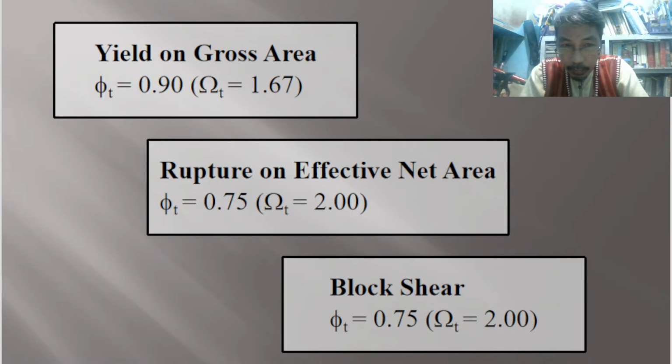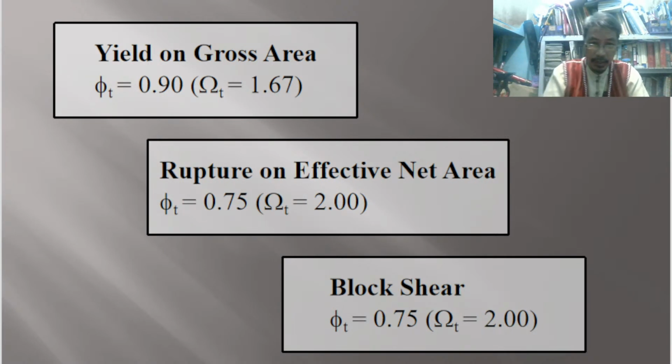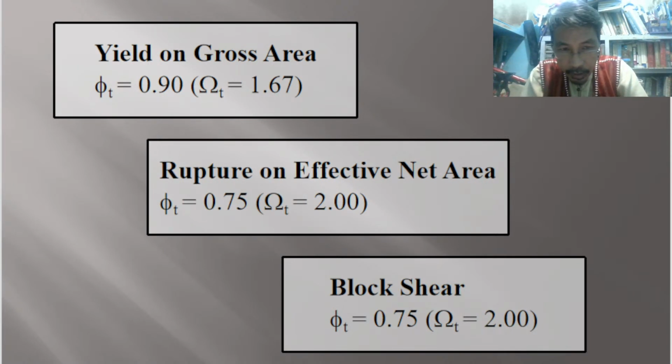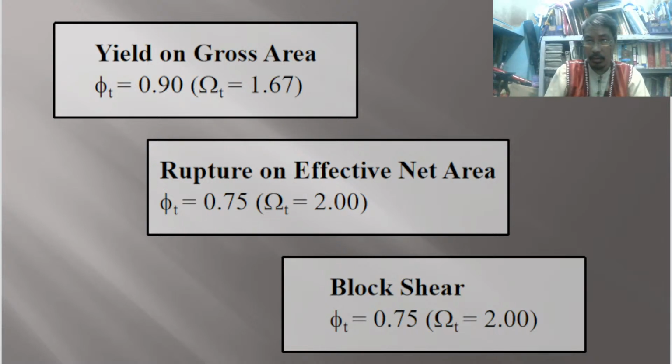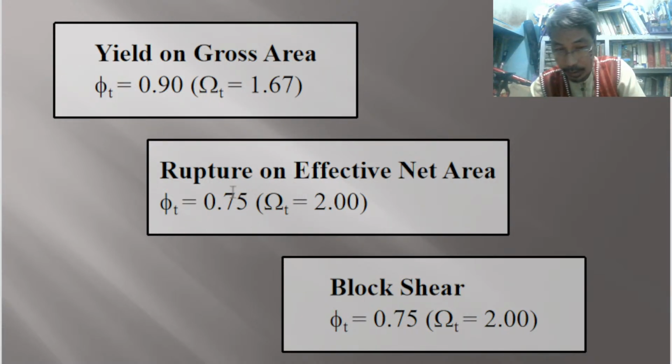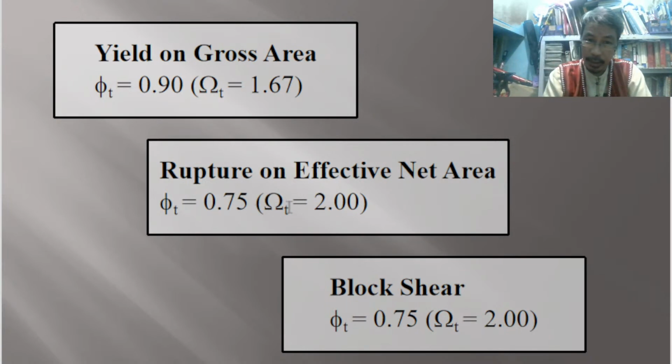When we are talking of rupture, phi sub t is equal to 0.75. Phi of tension, 0.75. What about omega sub t equal to 2? That corresponds to one another. We can actually determine one if the other is given.